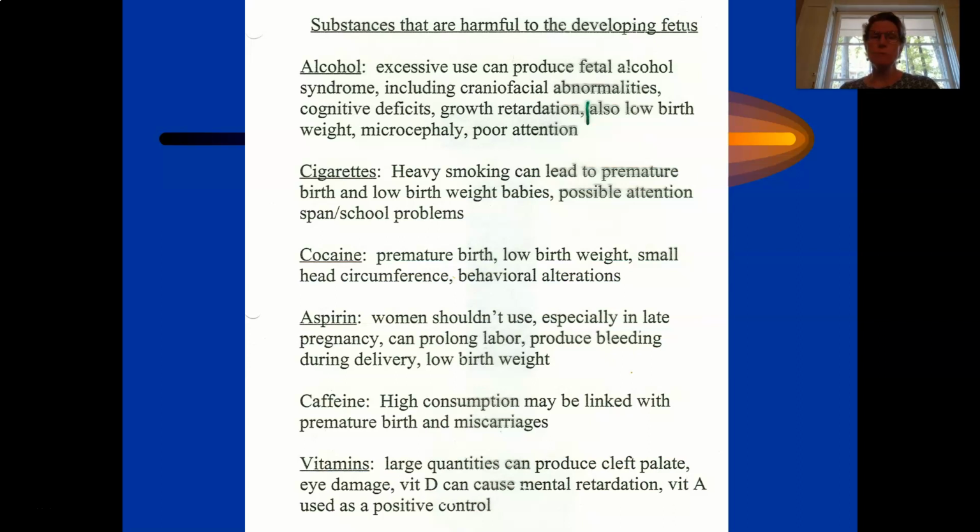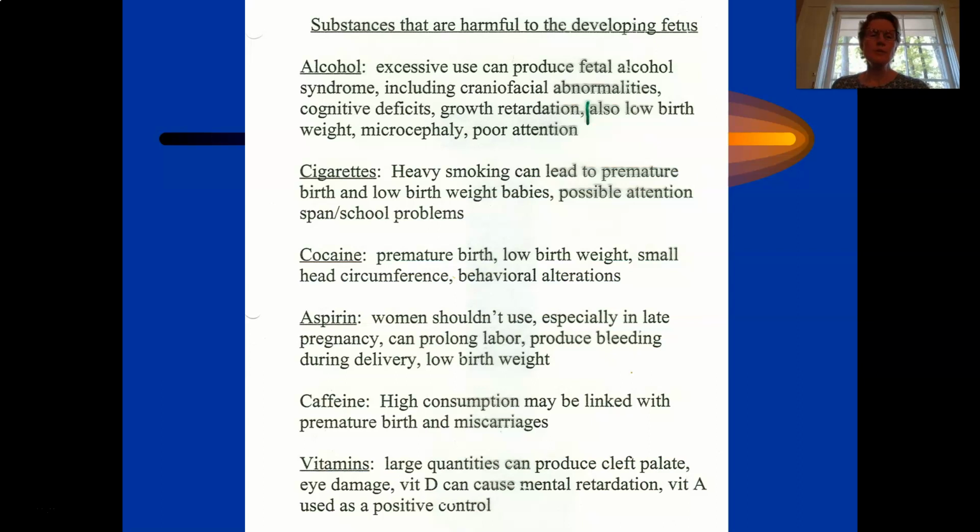It's harder for them to learn things. Their growth is retarded, so they're basically just smaller in a lot of different ways. And so some of these things might be low birth weight, small head circumference, which is what microcephaly is. They often have attention deficits.